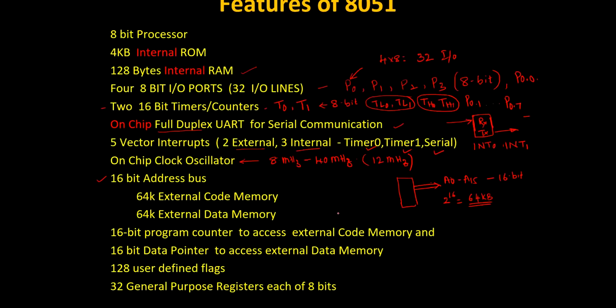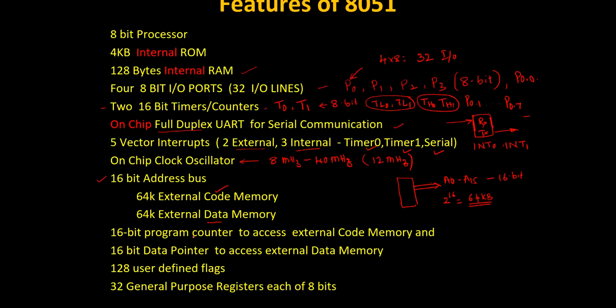So in that we segregated two external memories. One is the code memory to store our code, and another one is the data memory, so we can store the data into that memory.